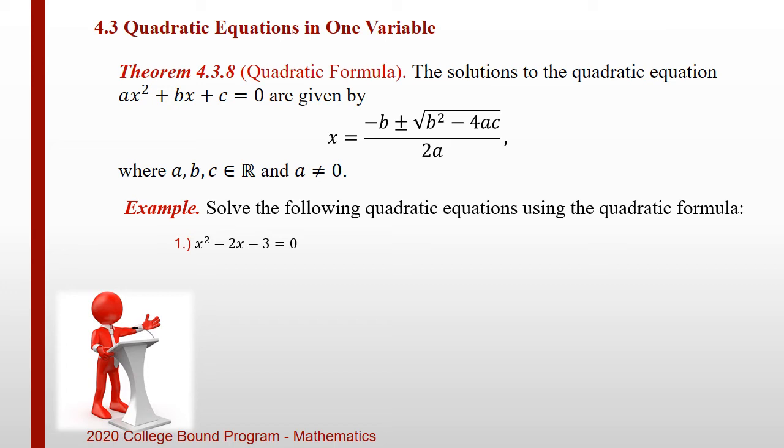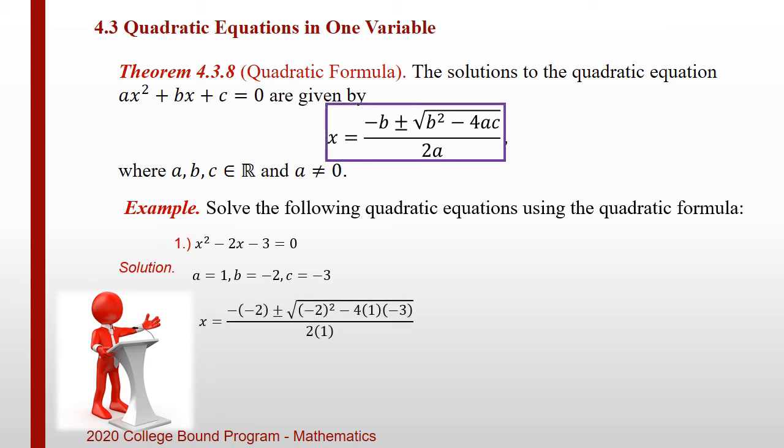b, and c. Looking at the given, we can see that a equals 1, b equals negative 2, and c equals negative 3. Thus, by direct substitution, we have x equals negative of negative 2 plus and minus the square root of negative 2 quantity squared minus 4 times 1 times negative 3 all over 2 times 1.